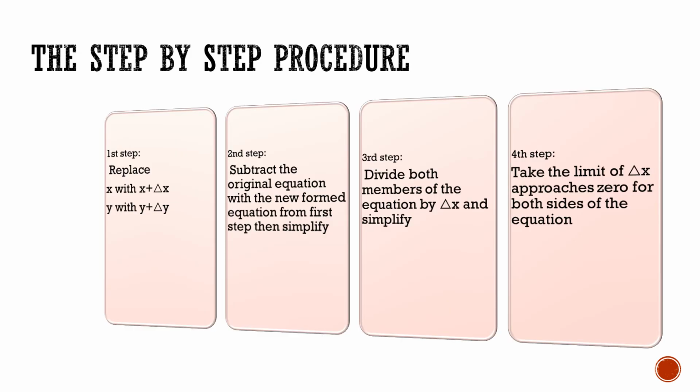To translate that into a step-by-step procedure, the first step is just to replace x with x plus delta x and y with y plus delta y. The second step is to subtract the original equation from the new formed equation from the first step, then simplify.